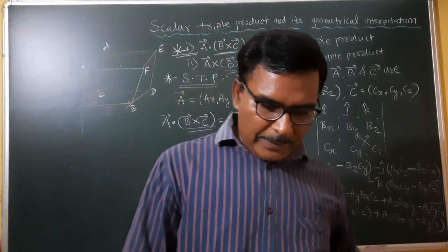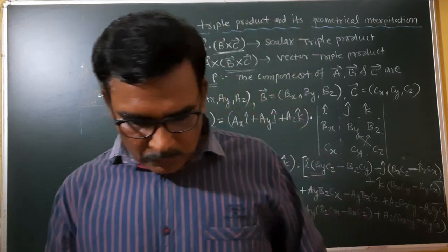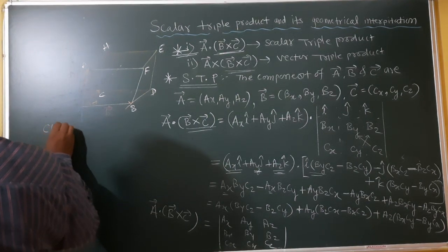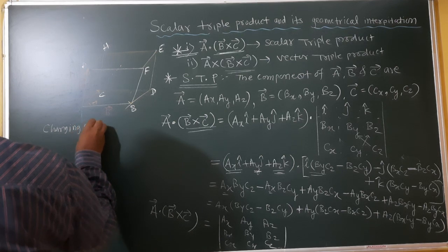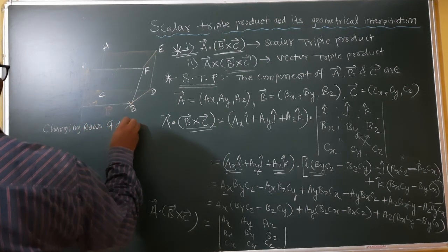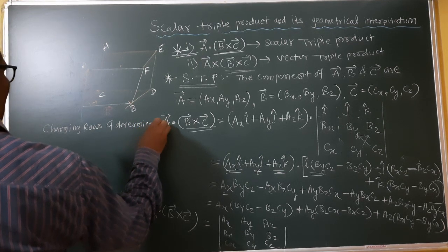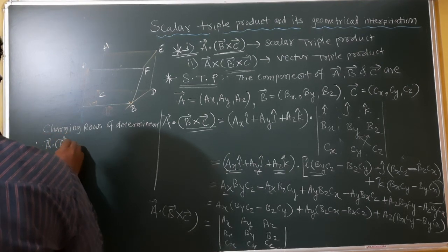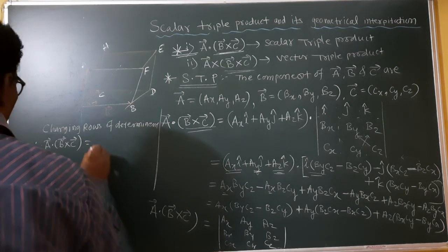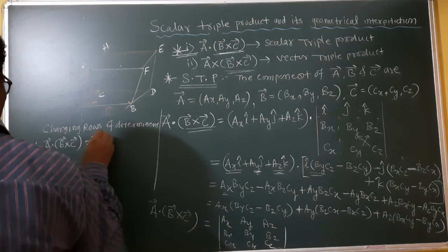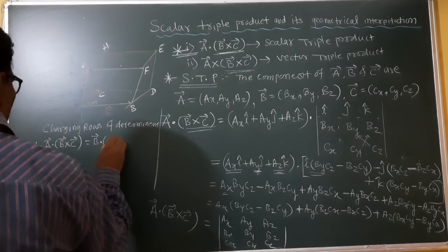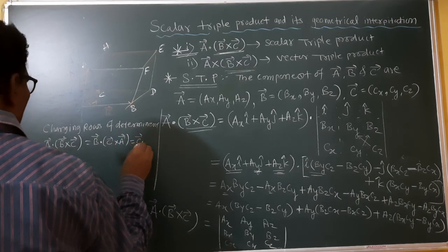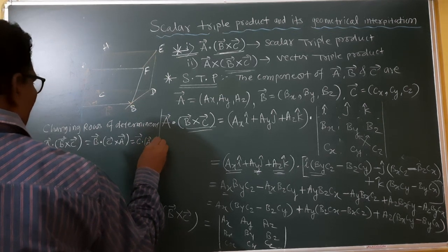By changing rows of the determinant it can easily be shown that a bar dot b bar cross c bar equals b bar dot c bar cross a bar equals c bar dot a bar cross b bar.